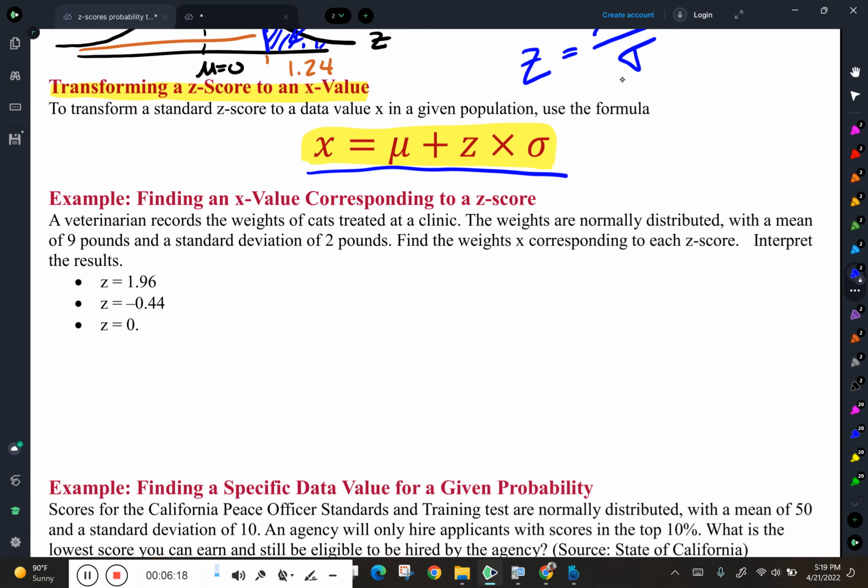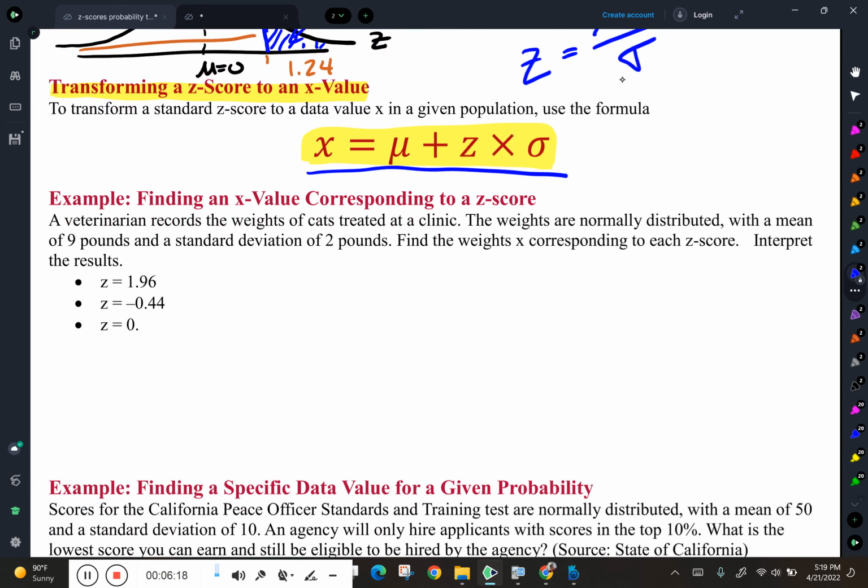Well, that looks like one of those inverse normal problems, but I can't do that directly because that's a right tail. The only thing I can do is a left tail. So I'm going to turn this right tail into a left tail: if the right is 10%, then the left must be 90%. Then I grab my calculator and use the inverse normal command.